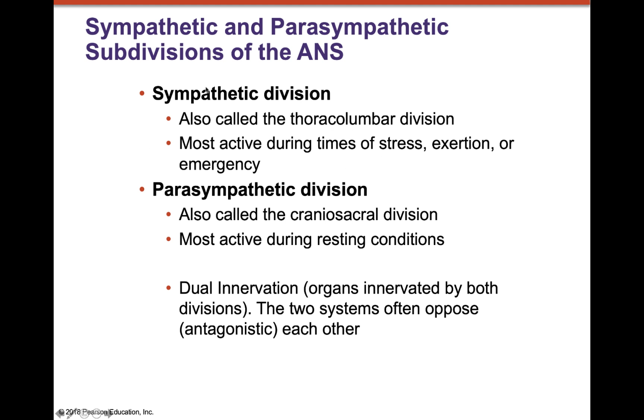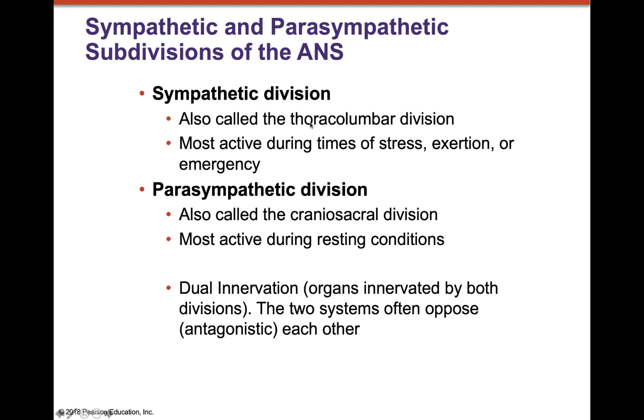So S, stress, S, sympathetic, or emergency. Let's say you have to catch a flight and you're getting late. In that case, your sympathetic nervous system is going to be active. You're going to be stressing out. And then the parasympathetic division is going to try to calm you down. That's going to be active during rest and digest conditions. That's your rest and digest division.